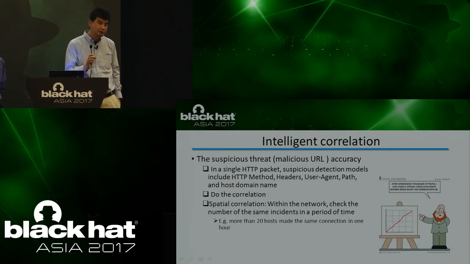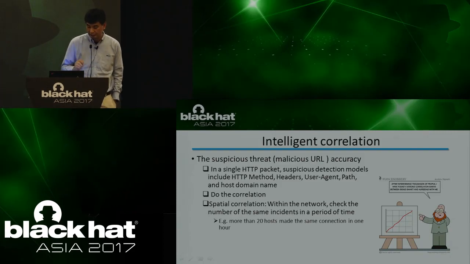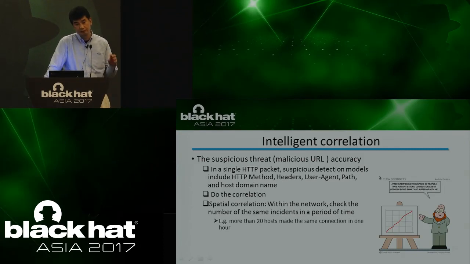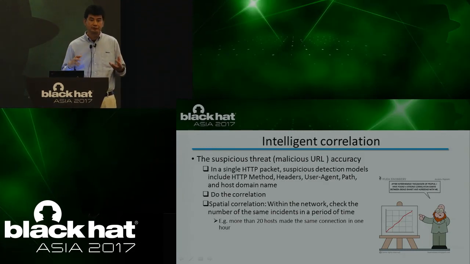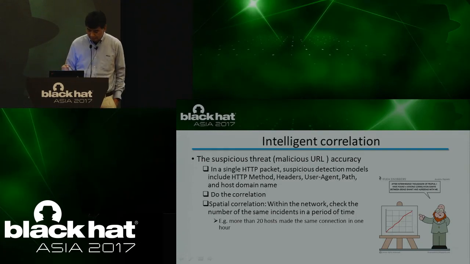For our architecture, today we will not go into detail, but I will give a brief overview. Like we just said for the URL, we not only use the URL, we also use other fields, for example the domain and the URL path, and we combine them together. Then you need to put in a correlation method to get high quality.